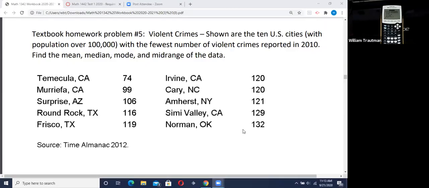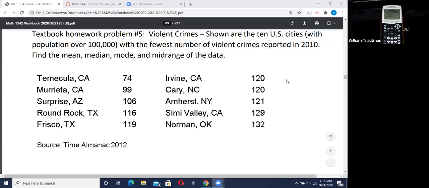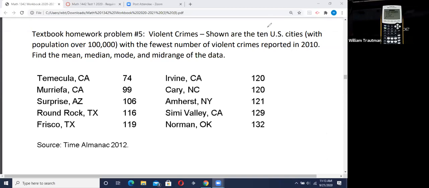The mean is 113.6 and what was the median, 119.5? Is that right? Let's see. 119.5, yes, and 113.6.